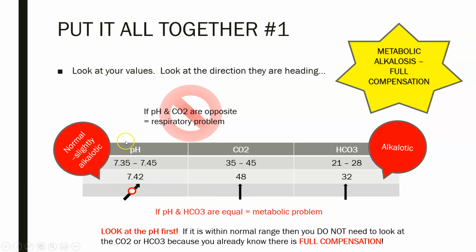So if we apply respiratory opposite, metabolic equal, they're going in the same direction, so we have a metabolic problem, we have metabolic acidosis. If you look at the compensation, we first look at our pH. It's within range, so we are fully compensated. Because this is within range, we don't need to look at our other values.